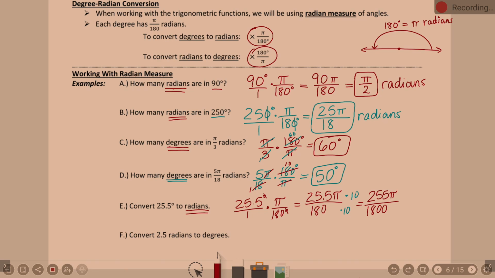Okay, so 255 and 1800 could divide by 5 and by 3. So they could have divided by 15 each, or they could have divided by 5 and then by 3. However, backup plan, if you get to 51 over 360, I think it's good. Well, here's an option. If I put 51 over 360, guess what? It just reduced it more for me, didn't it?